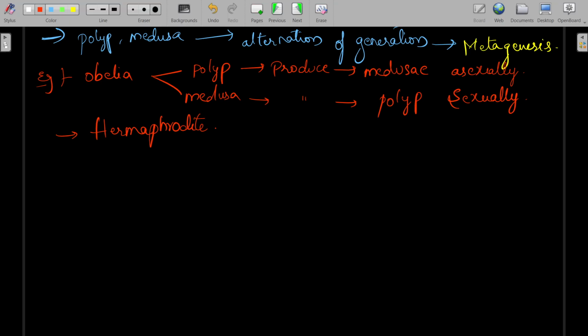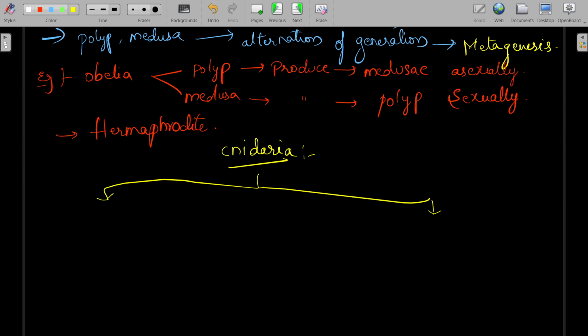Now, let's see the classification of coelenterates or cnidaria. Cnidaria is divided into three classes. The first one is Hydrozoa, the second is Scyphozoa, and the third one is Anthozoa.